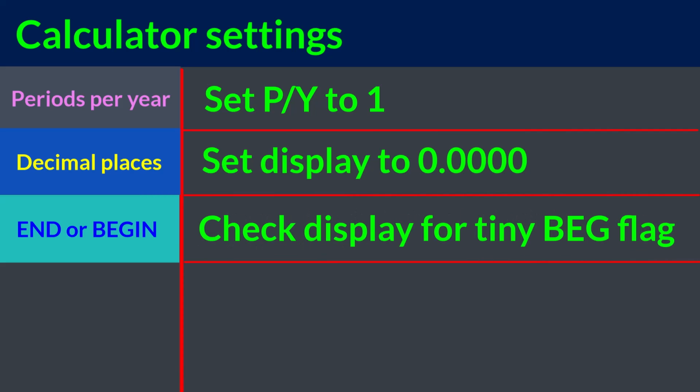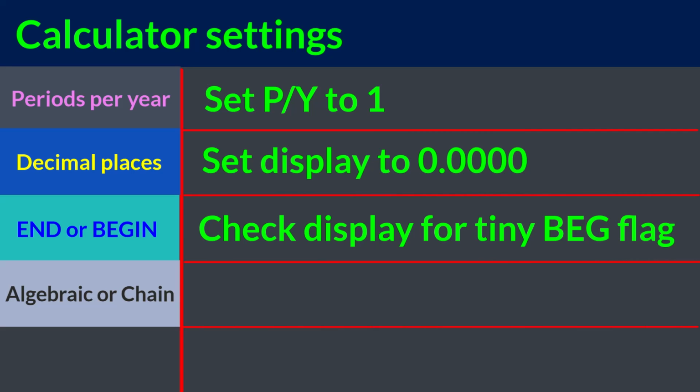The 4th setting deals with algebraic and chain modes. Before I discuss these settings, note that they do not apply to the vast majority of HP12C users who leave their calculator in reverse Polish notation mode.